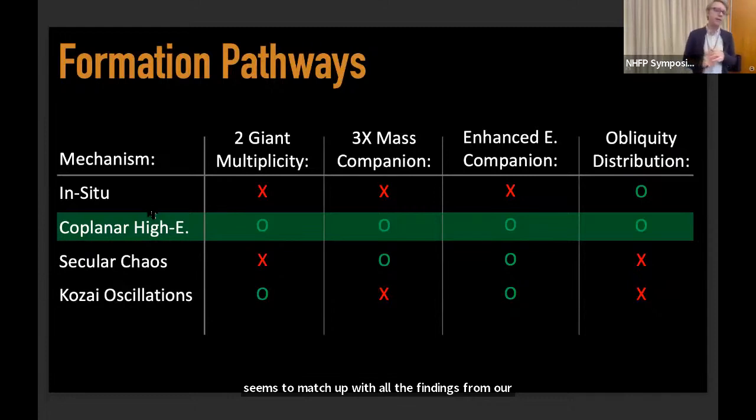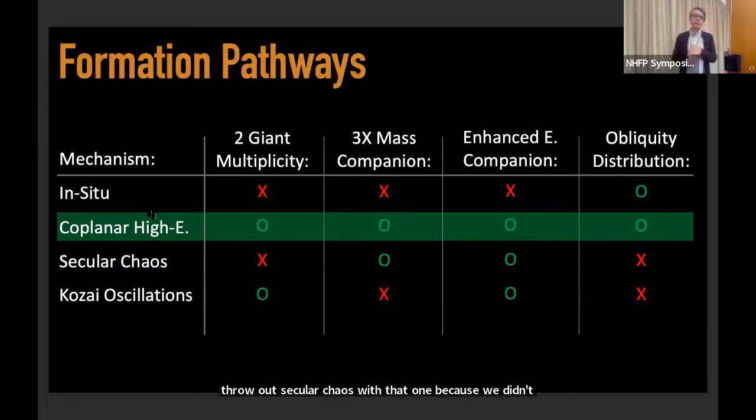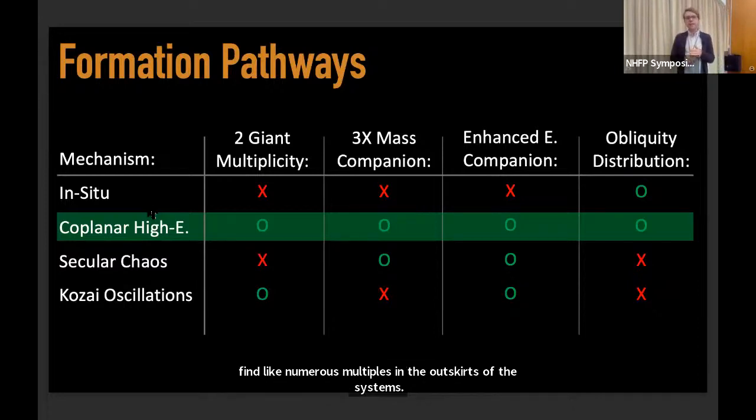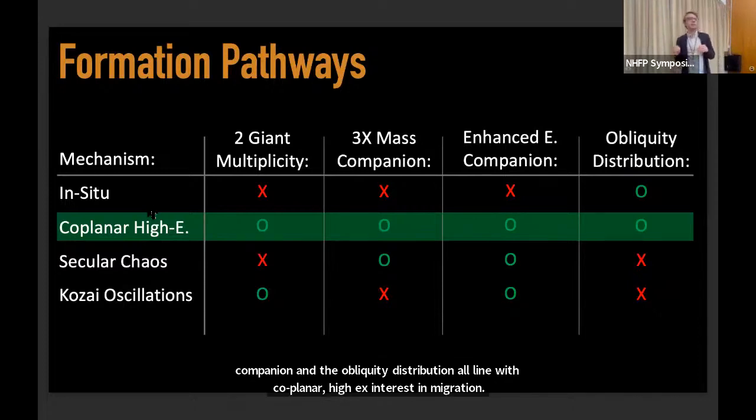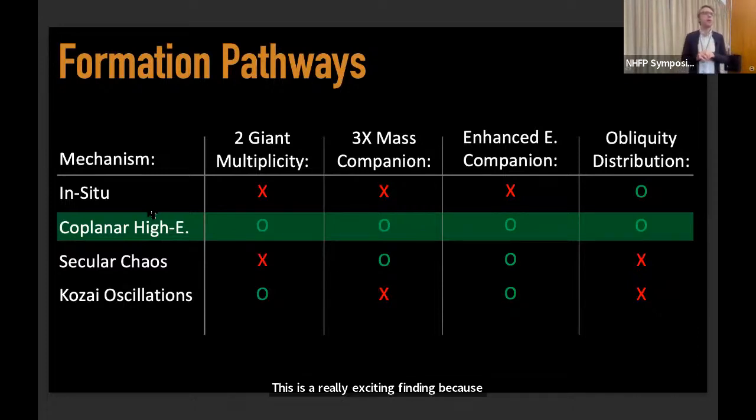So we can throw out secular chaos because we didn't find numerous multiples in the outskirts of the systems. The 3x mass companion, enhanced eccentricity companion, and the obliquity distribution all align with coplanar high eccentricity migration. This is a really exciting finding because it seems to be zeroing in on one particular mechanism for the formation of hot Jupiters.